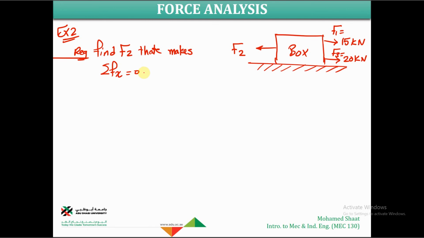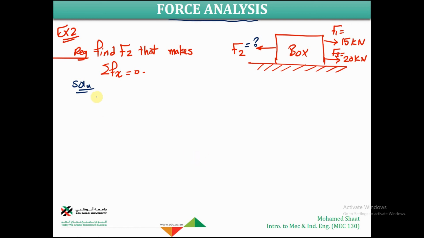This is the condition: find the F2 that makes the net force along the X direction 0. Okay? So your objective is to solve for the net force. We need to find this F2. It is unknown. If we find this unknown, it means that we have done force analysis. This is what force analysis means, as we explained: finding these unknowns.